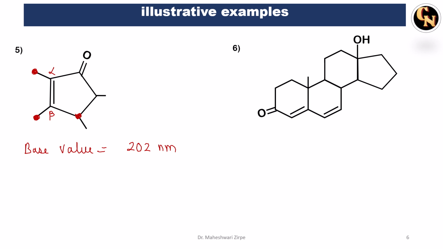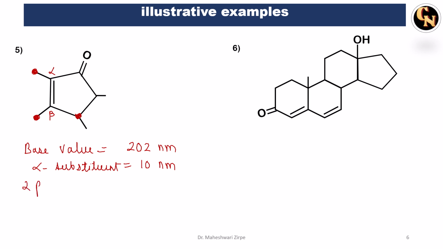So in a similar fashion, one alpha substituent, you are going to get how much? 10 nanometers.